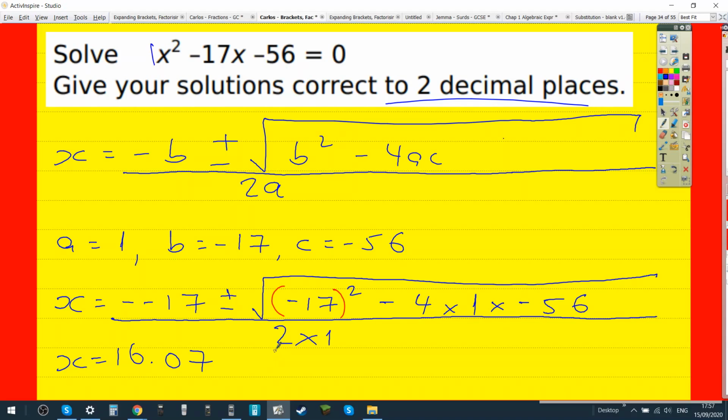And then take away, and it becomes minus. The other one is 0.93.